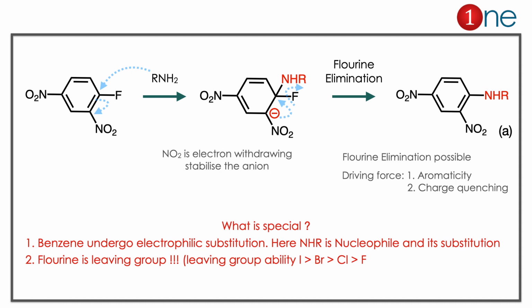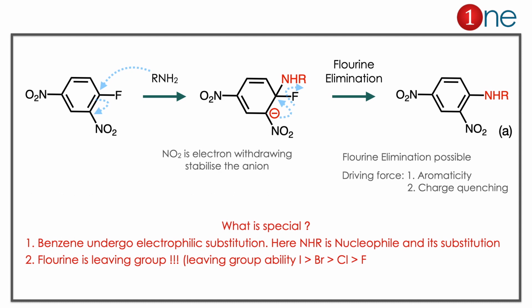So the charge is stabilized, but it has to be quenched. The only way to quench it is by getting back the aromaticity. So what really happens is the negative charge pushes back into the ring, and it forms aromaticity again. So fluorine elimination is possible. Here fluorine elimination is driven by two factors: aromaticity is re-established, and charge quenching. Both are very strong factors in organic chemistry. So the answer is A.